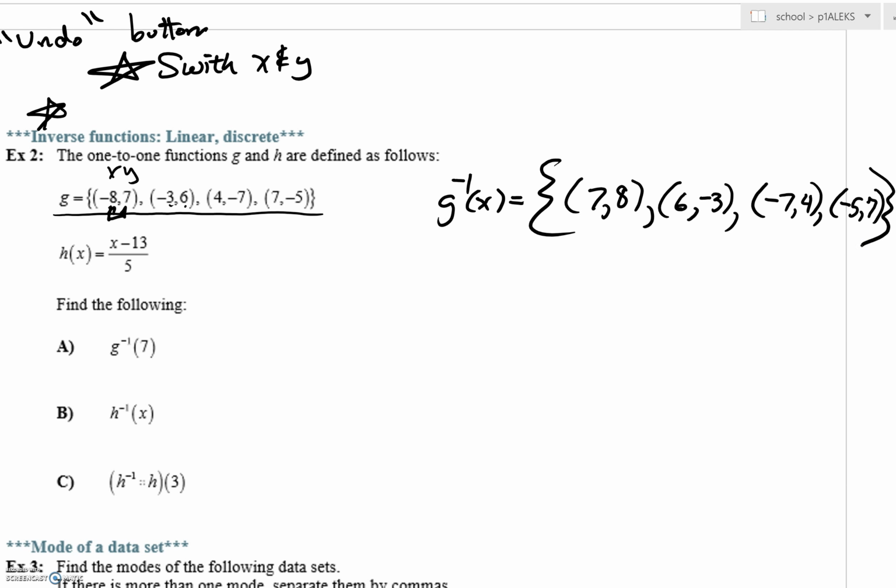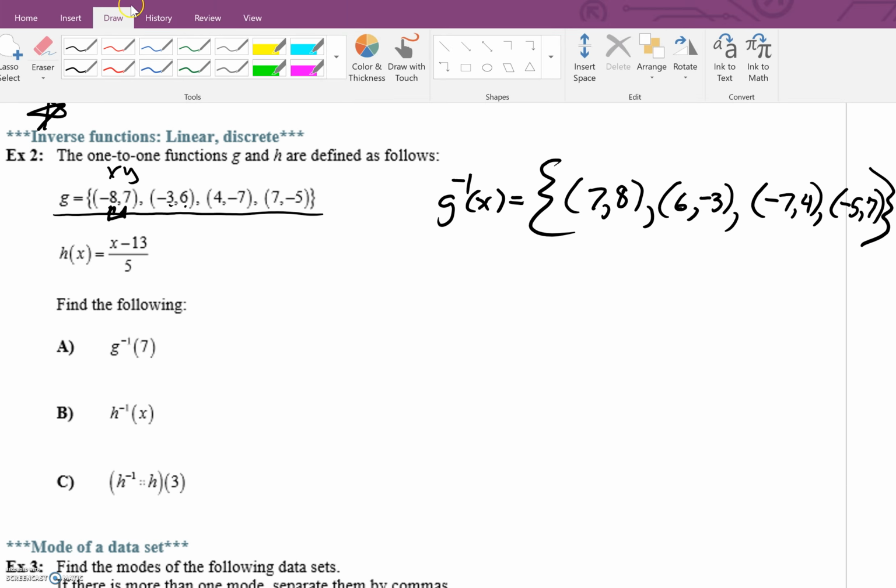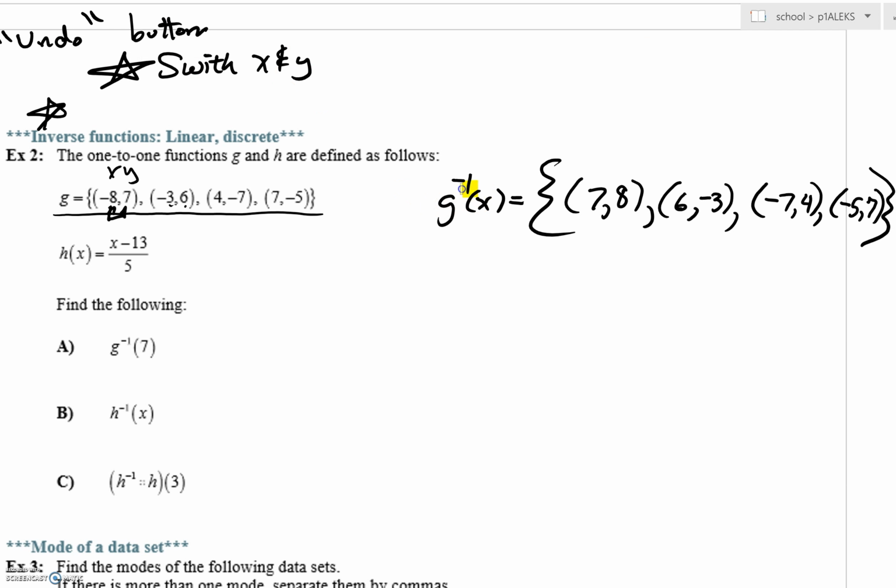But notice, guys, please pay attention that what I've just written stylistically right here is as a notation, that negative 1, I'm saying that's the inverse. That's the inverse function of g. Now, we can right now jump over to letter A, and they're saying, what do you think g inverse of 7 is? That is, if your x value is 7 on g inverse, what would your y value be?